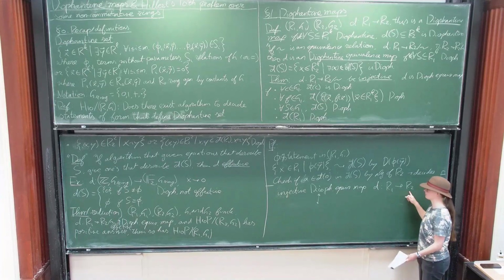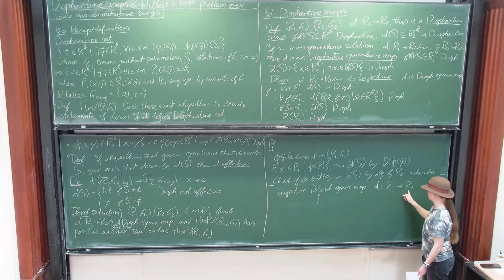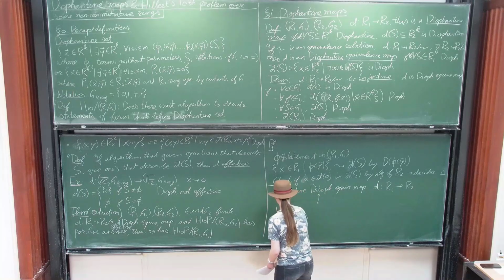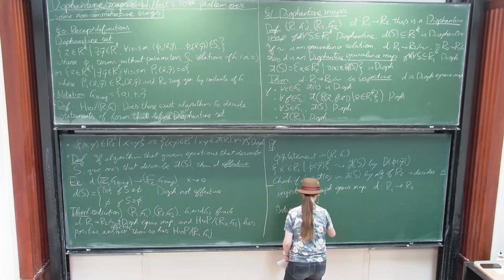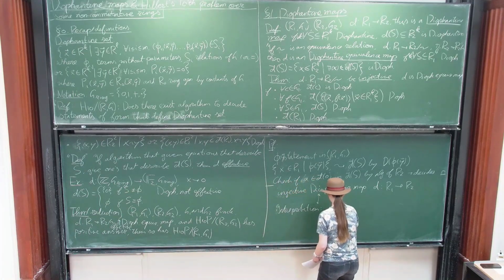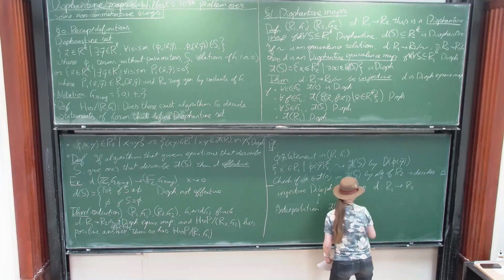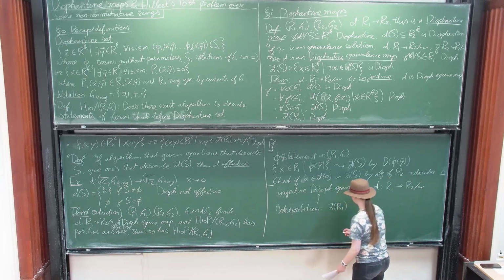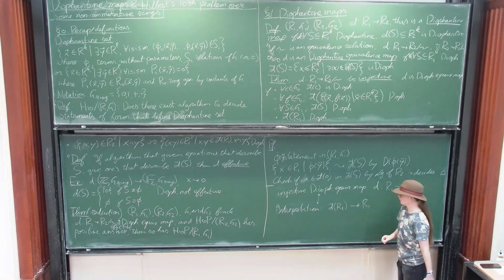So first we're going to specify the domain of our interpretation. We can find some Diophantine subset of R2. And so the domain, and it basically goes from the image of R1 back to R1.